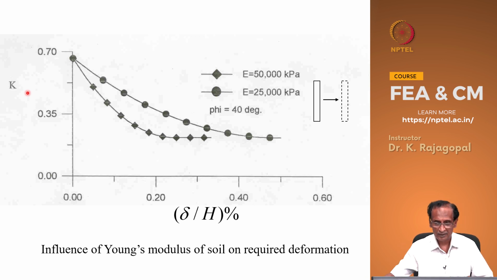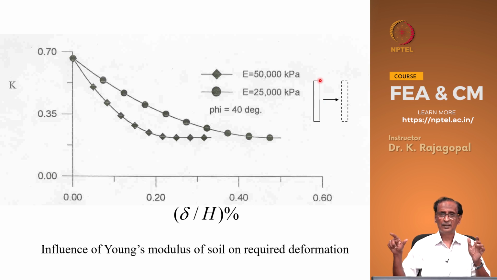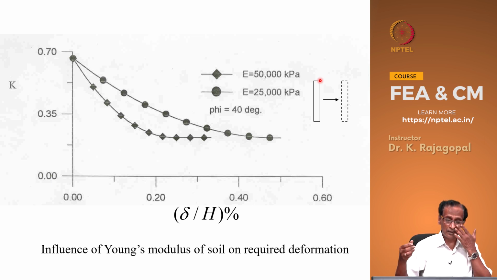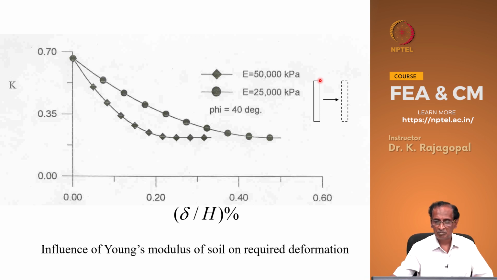We are applying equal horizontal displacement to all the nodes on the retaining wall, and when you apply any displacement, the programs calculate a reaction force from our integral B transpose sigma. You can sum up all those reaction forces at these nodes, and then that divided by 1/2 gamma h square will give you the K.